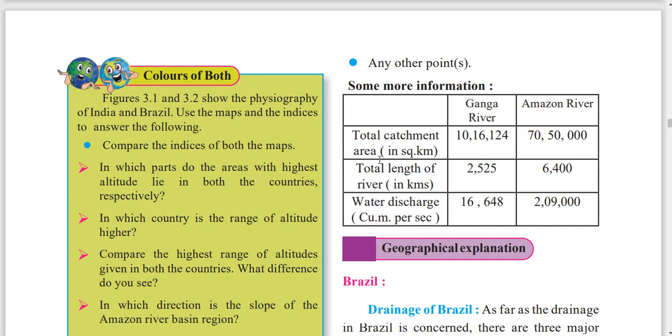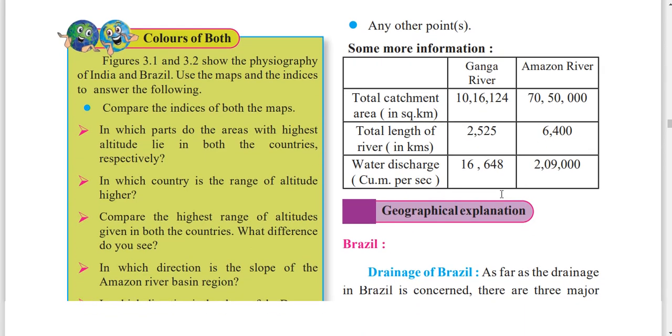Total catchment area in square kilometers: 10 lakh 16,124 for Ganga and 70 lakh 50,000 for Amazon, which means about 7 times. Total length of river in kilometers: 2,225 kilometers for Ganga and 6,400 kilometers for Amazon, more than double.